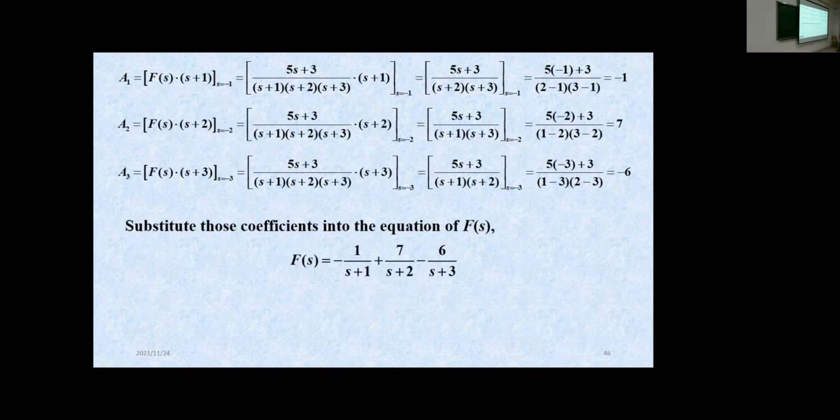Then it becomes this, and it is easy to look at the table to find the inverse transform. Sine and cosine are not needed; it's just that there should be exponentials. So it's a function of e, right? Yes.